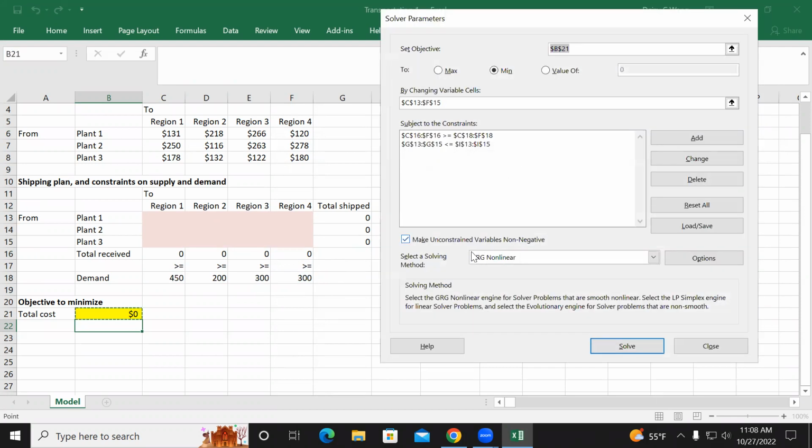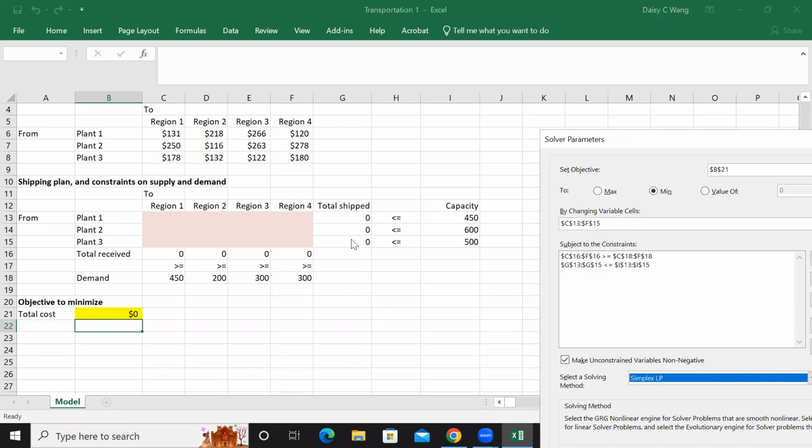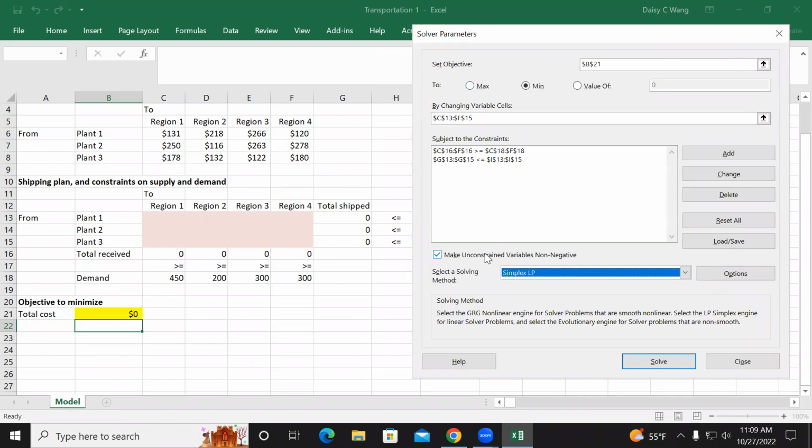And then okay. So basically this is less than or equal to this. When you see this sign, it's the sign left or right, or up and down. Minimize the cost.